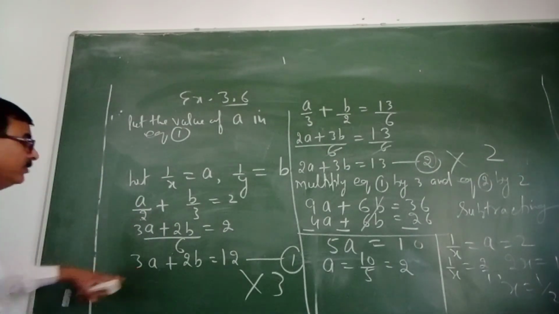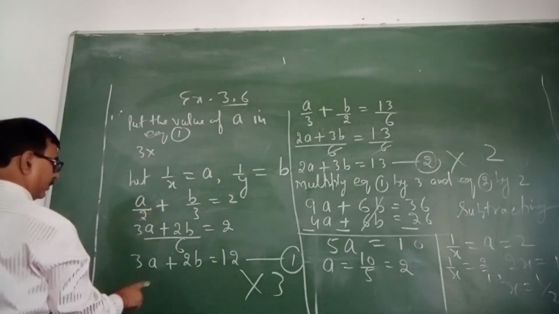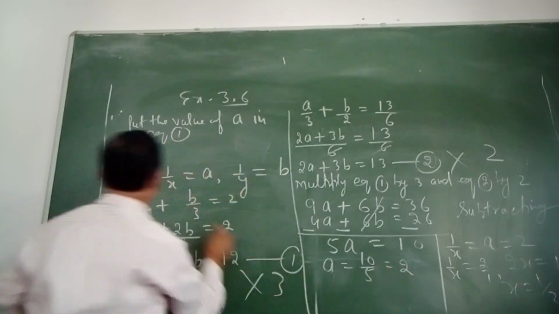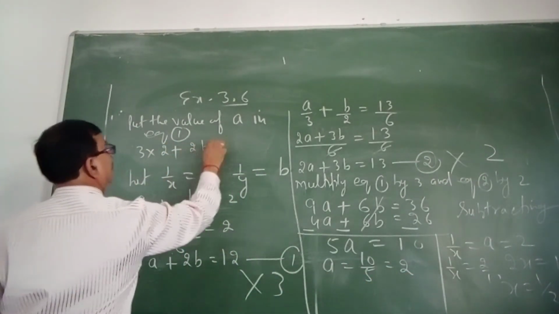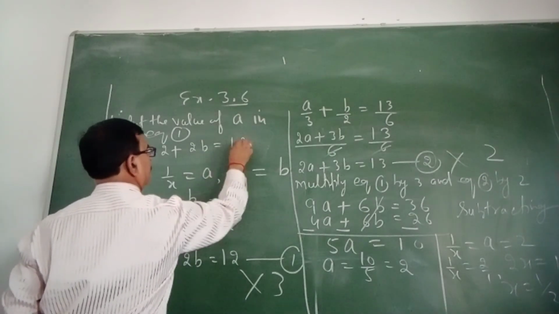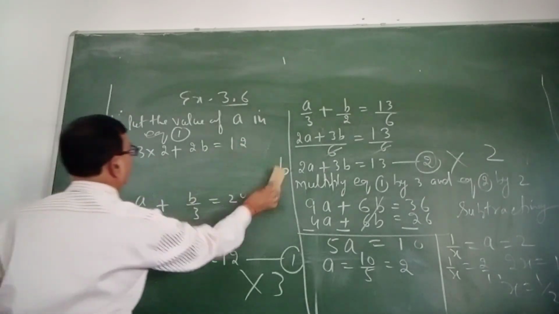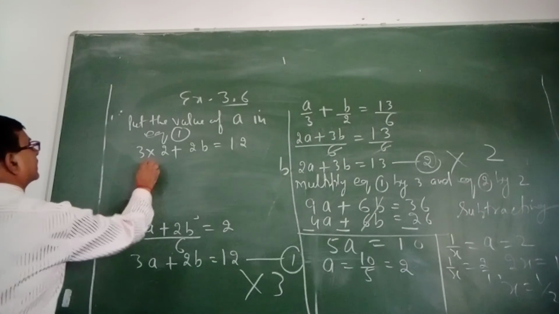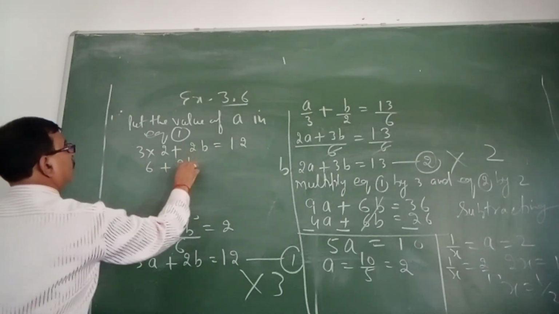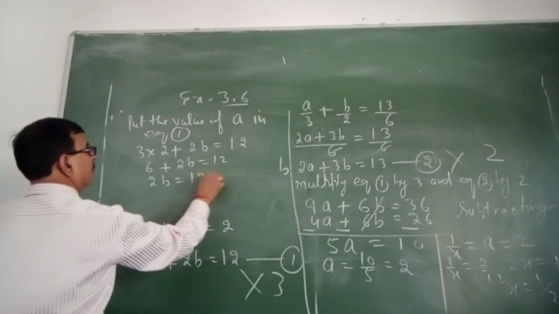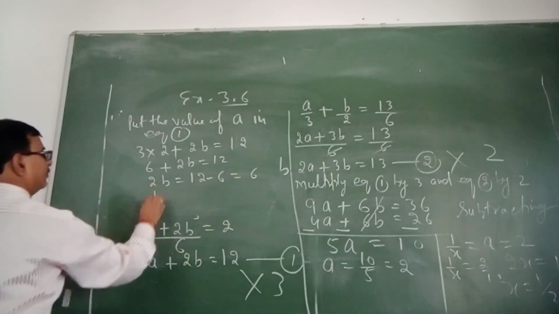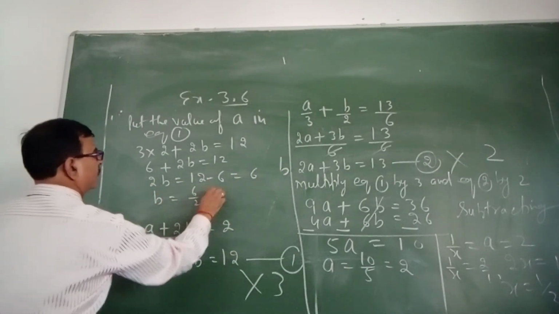Put the value of a here: 3 into a, which is 2, plus 2b is equal to 12. Right? This we solve now. So 3 2s are 6 plus 2b is equal to 12. b is equal to 6 upon 2, which is 3.